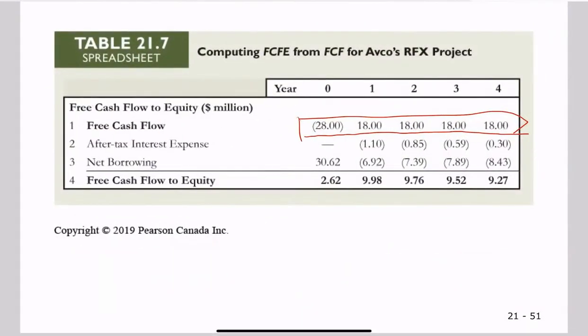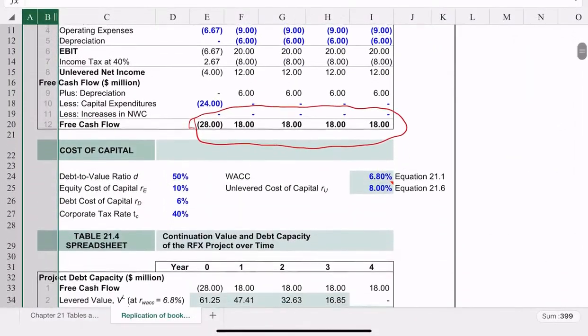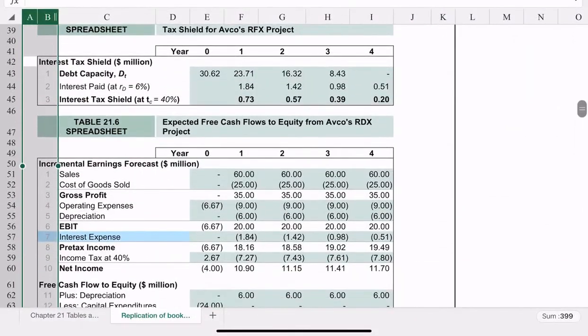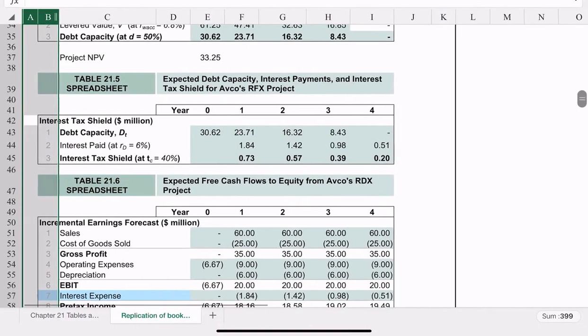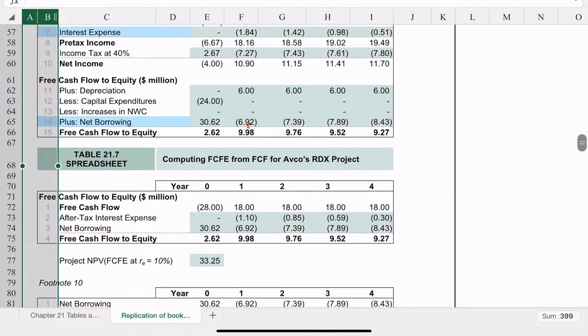And then we will look for the after-tax interest expense. Okay, I guess it's better for me to just use this Excel file. So we have these free cash flows. And then we will want to deduct the after-tax interest expense.